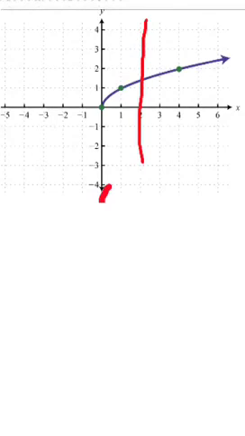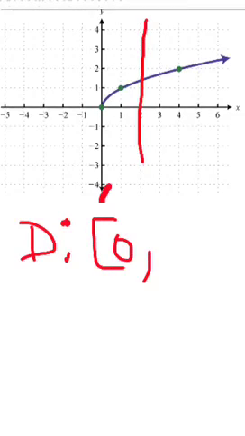Well, the domain: where does the graph start with the x value? Right, it starts at 0. So the domain would be brackets 0, and the graph goes on to positive infinity.